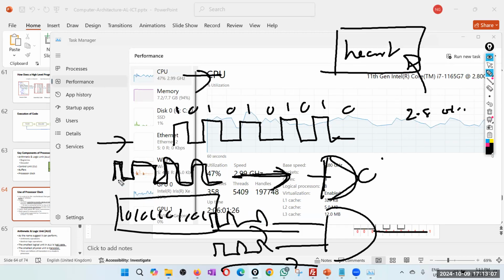So these pulses are generated and sent through ALU logic circuits super fast. And the higher the processor speed, the higher the speed at which your digital signals are fed through the logic circuits. So that is what the clock is doing.